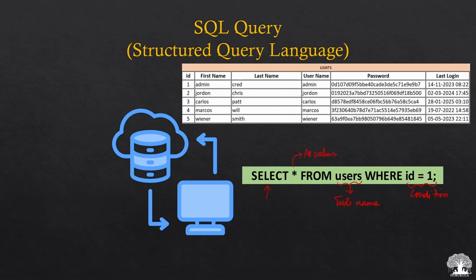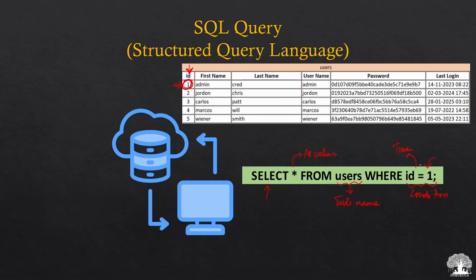Let's take an example: when the user inputs id equals 1, it checks the table to see if there is an id in the table with the value 1. It checks the table and then the id column. In this particular id column, if there is a value 1, this condition turns out to be true.